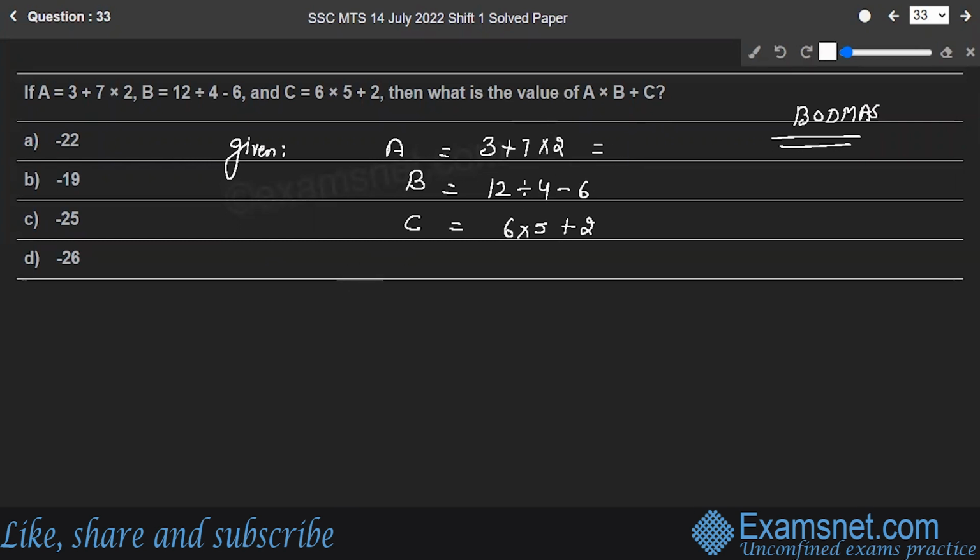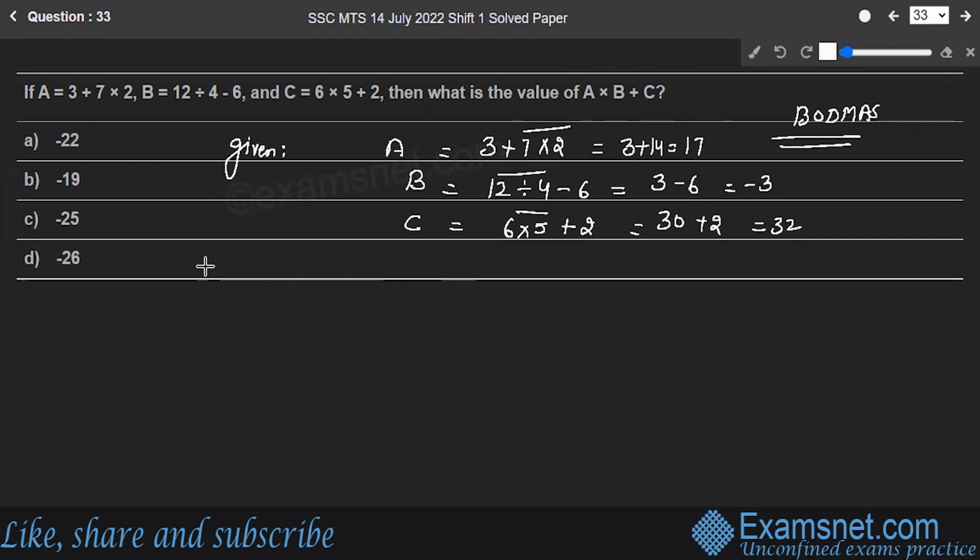I'll solve the value of A over here only. First of all, we'll go with the multiplication. This gives you 3 plus 14, which is equal to 17. According to the BODMAS rule, first of all, division will be solved. 12 divided by 4 will give you 3 minus 6, that is equal to minus 3. Then 6 multiplied by 5 is 30 plus 2, which is equal to 32.